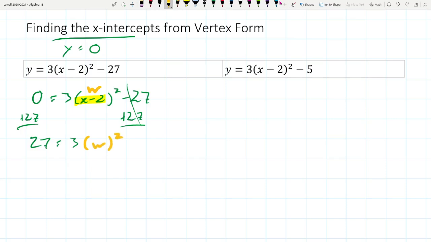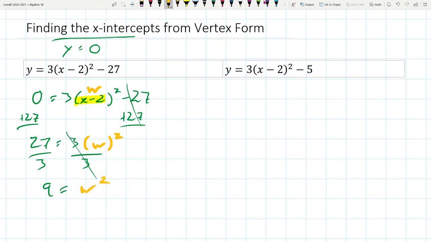That's fine because we're just solving for w at the moment, and we'll substitute back at the end. This x minus 2 substitution is just a disguise, and that's totally fine as long as we remove it at the very end. So I'll divide by 3, and I get 9 equals w squared.